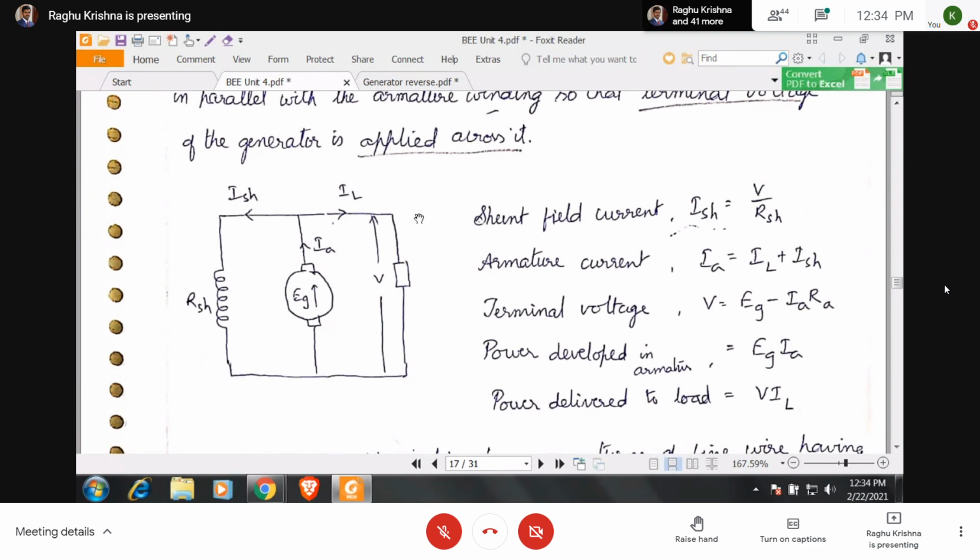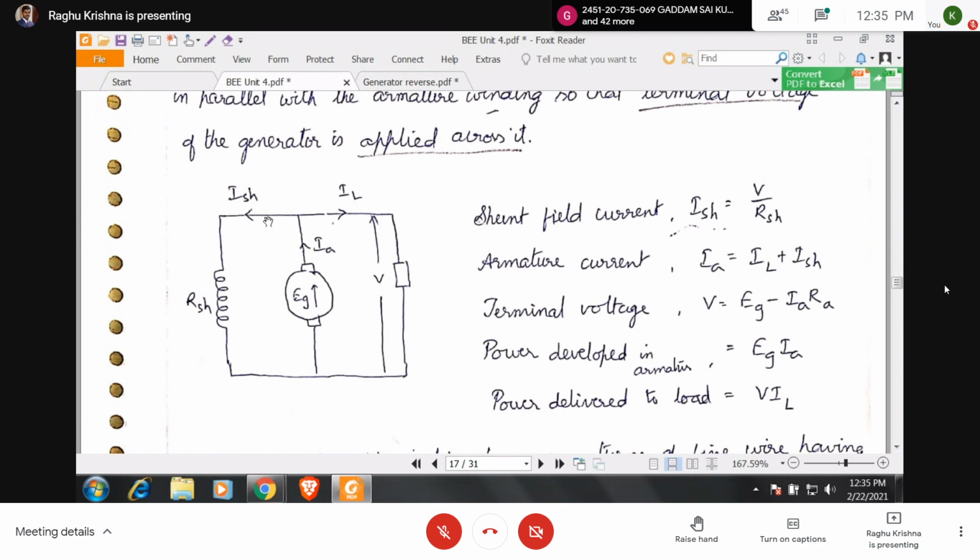Now let us see the currents here. The total armature current is Ia. That Ia gets split into IL and ISH. So shunt field current ISH equals V by RSH. Armature current Ia is equal to IL plus ISH.